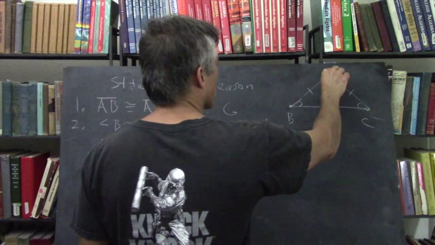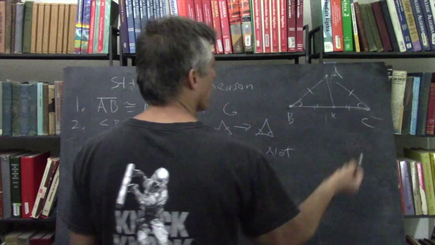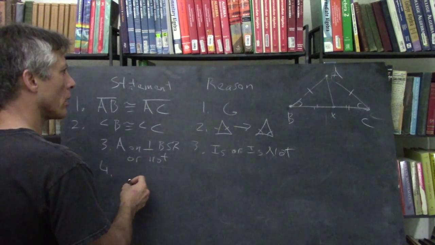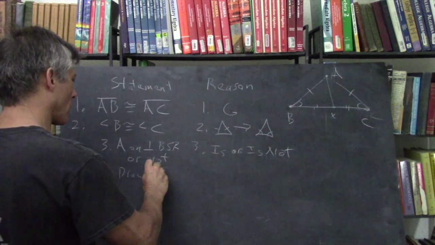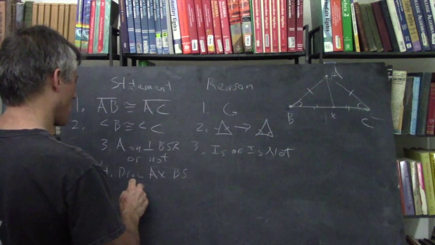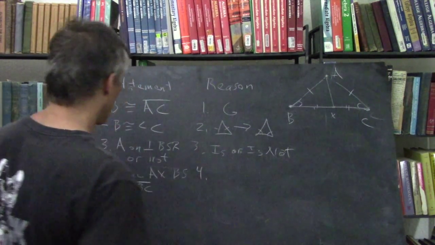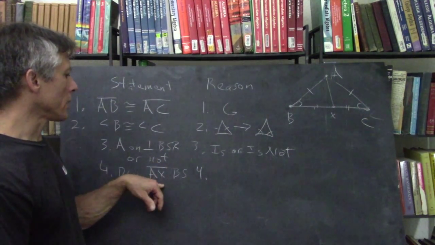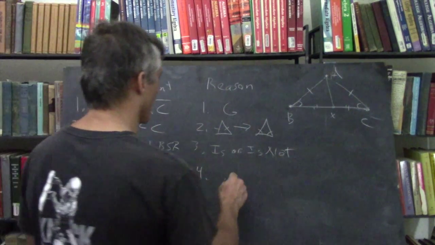We draw the line segment that bisects BC. So we draw a segment that bisects BC because it's one of our postulates, 2 points determine the line.